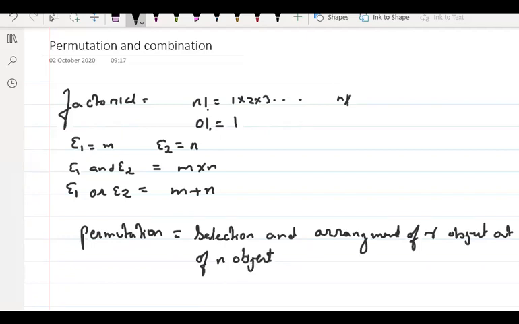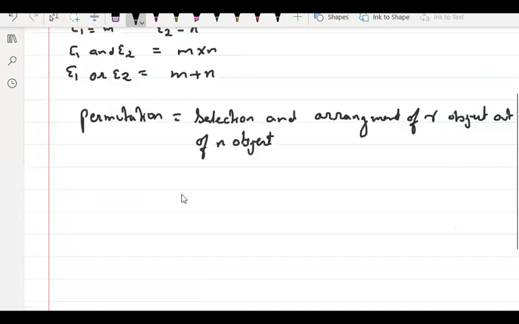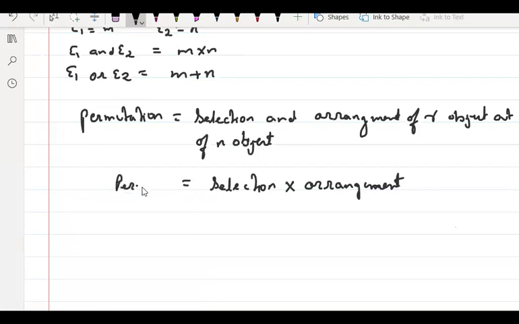So I can say that permutation is basically selection into arrangement of R objects. That is your permutation. Got it? Yes, everyone?